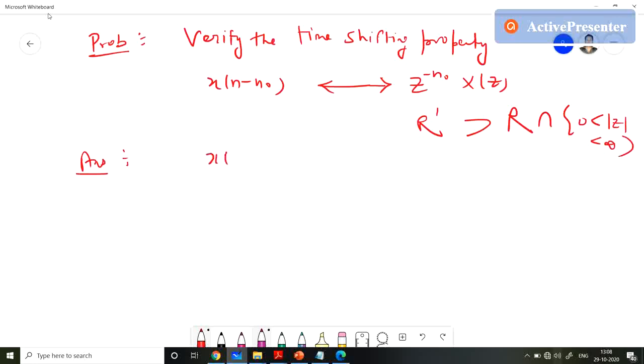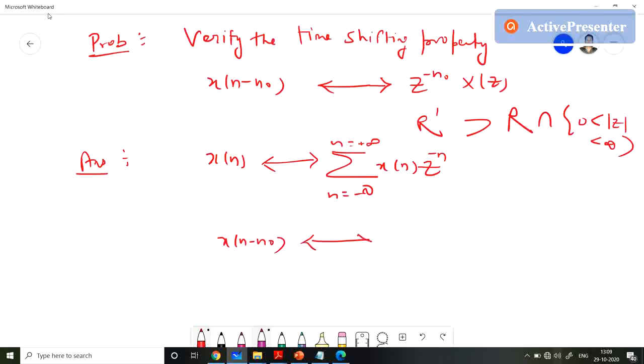According to the definition of the z-transform, if we have x[n], then the z-transform is the sum from n equals minus infinity to plus infinity of x[n] z raised to the power minus n. Now if we take x[n minus n0], then according to this definition we have the sum from n equals minus infinity to plus infinity of x[n minus n0] z raised to the power minus n.